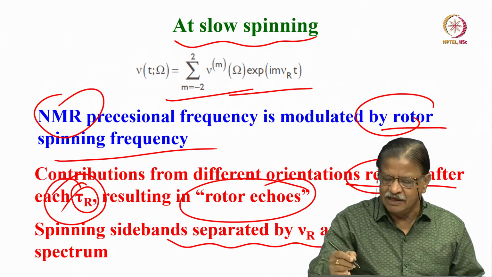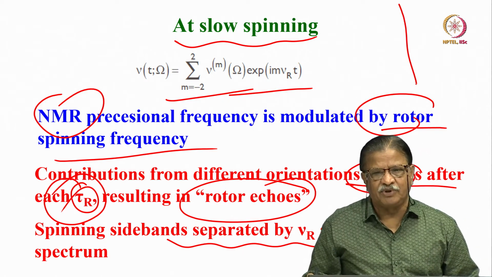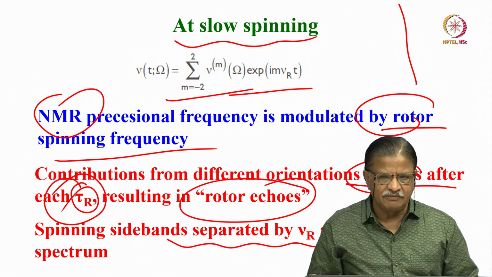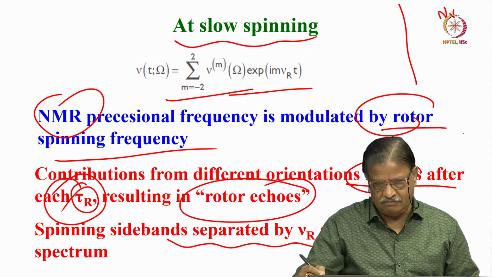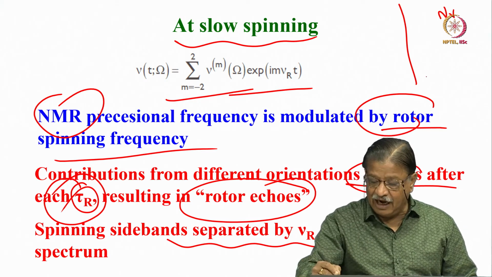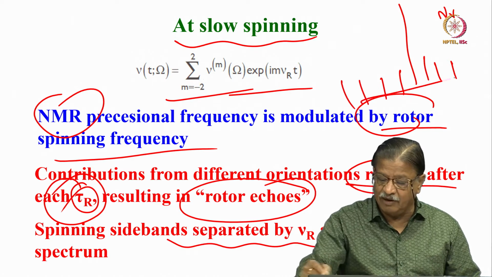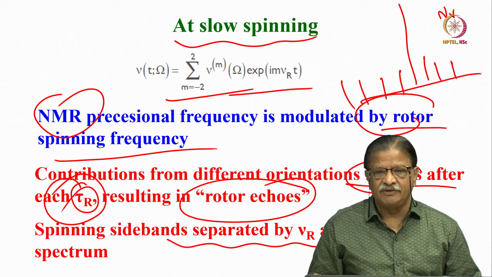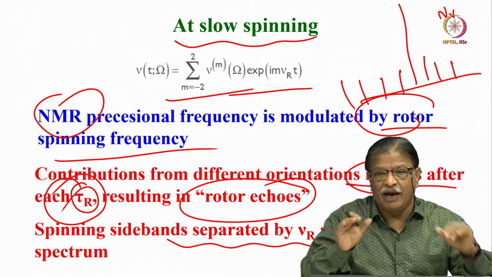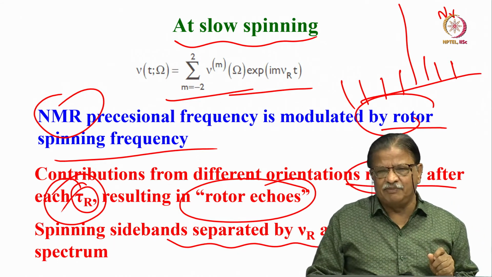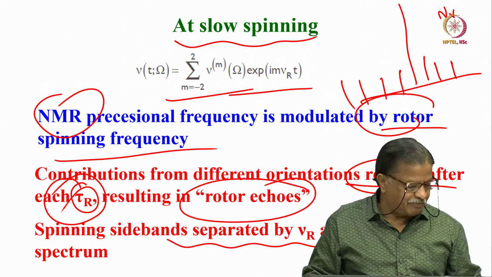What I mean is, supposing this is a peak I am supposed to get, now I start spinning at a slow speed, at a spinning speed nu r. Then at exactly integral multiples of the spinning frequency I am going to get what are called sidebands. These are called spinning sidebands. Spinning sidebands will be at the frequency of the spinning speed at which you are rotating the sample.